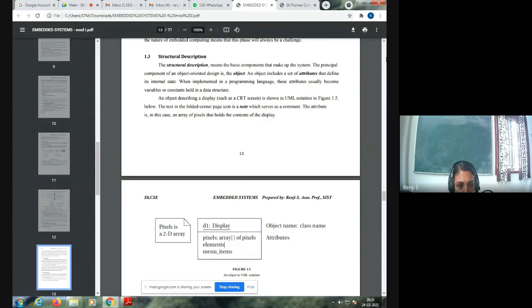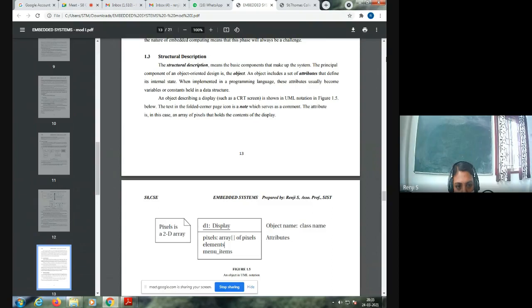Looking at the structure and the behavior of the system, the implementers should be able to implement these details in an effective manner. Both go hand in hand for a product to function properly.